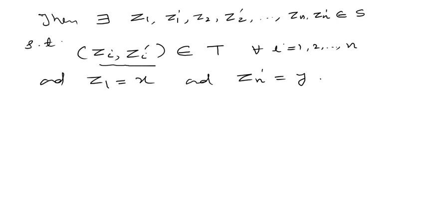Now this pair is in T, and T is RC union RC inverse union identity on S. So RC और RC inverse की definition क्या है? तो RC की definition आपको apply करनी है actually.